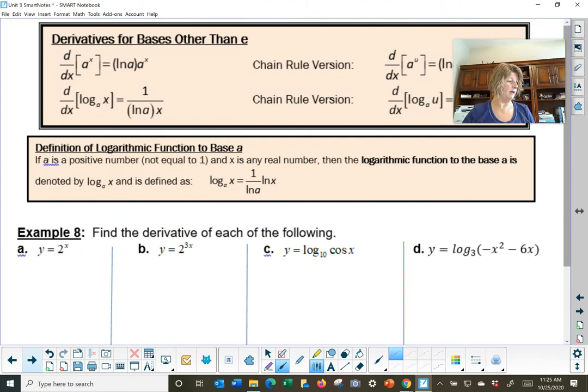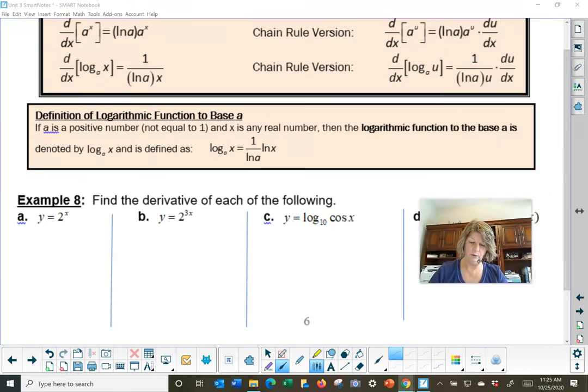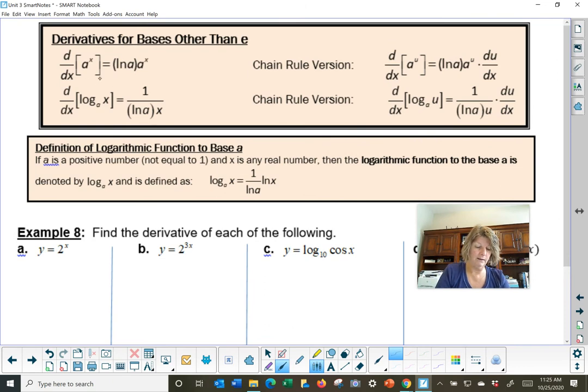We have, just the bottom part. Derivatives for bases other than e. This is just to go through some of those rules that we've covered earlier in our lessons. We knew the derivative of a to the x, like the derivative of 8 to the x. Its derivative would have been natural log 8 times 8 to the x.